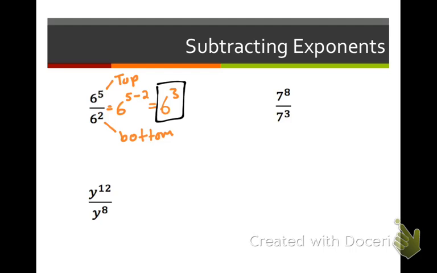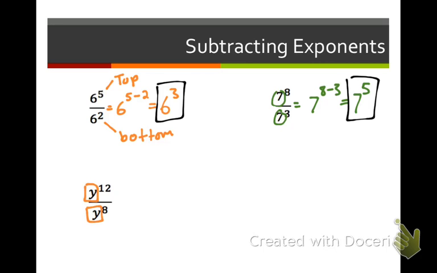Okay, we do this one in a similar way. The bases are the same, so we keep the base, and it's the top exponent minus the bottom. And I know that 8 minus 3 is 5. And that right there is my answer. One last one with the variable. We check to see if they have the same base.